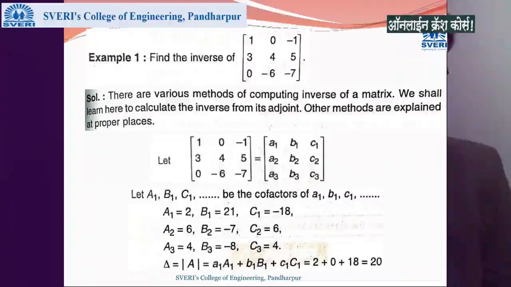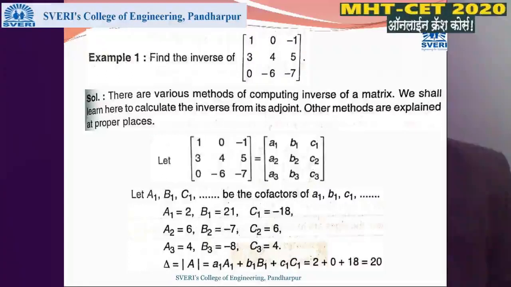So here we have a matrix A with elements 1, 0, minus 1, 3, 4, 5, 0, minus 6, minus 7. We are finding the adjoint of this matrix by using the earlier method. What are the cofactors? Comparing this matrix with A1 B1 C1, A2 B2 C2, A3 B3 C3, what are the elements?